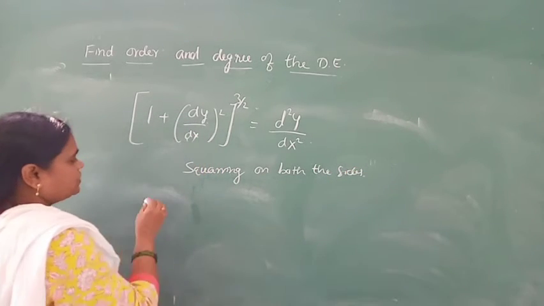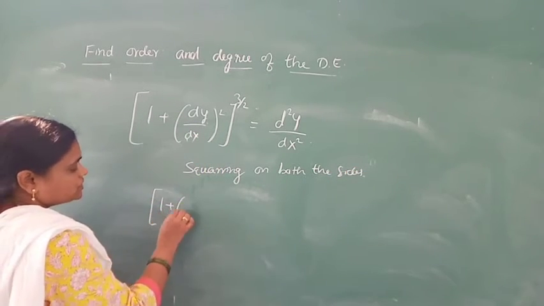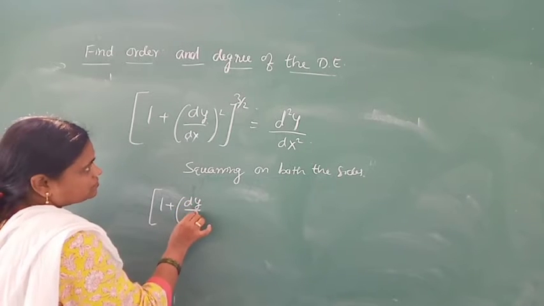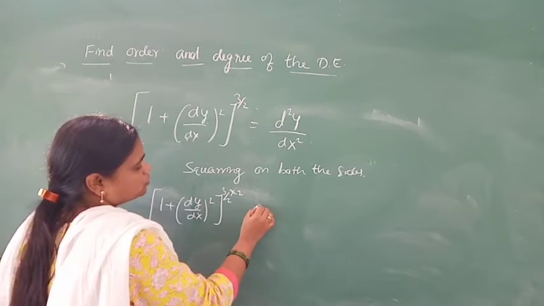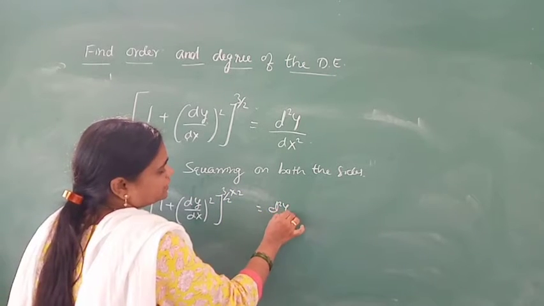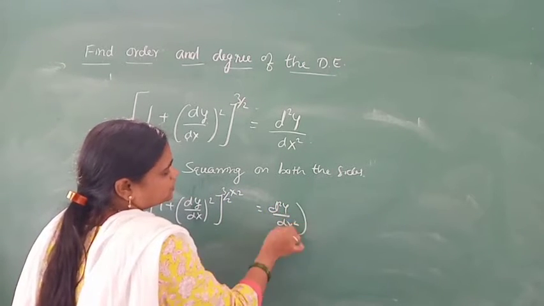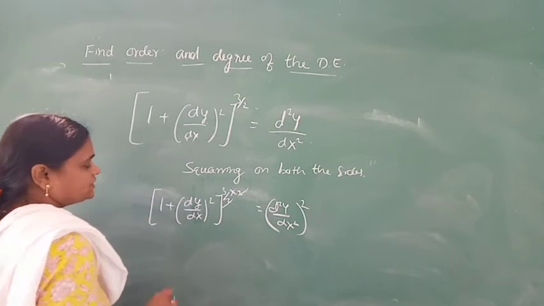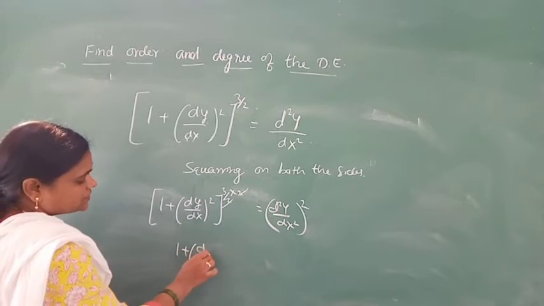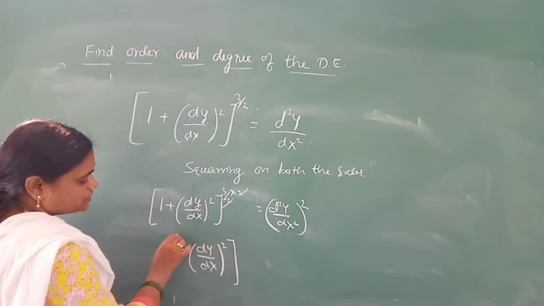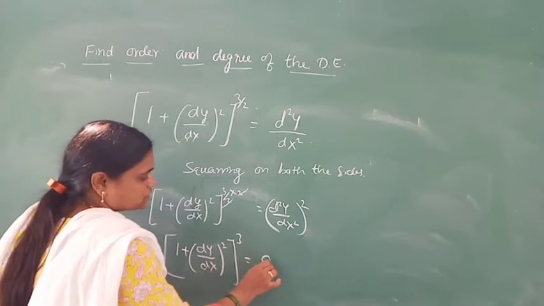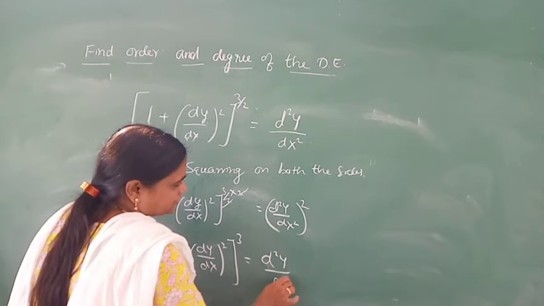We get the square of 1 plus dy by dx the whole square raised to 3 by 2 equal to d2y by dx square raised to 2. 2 will cancel. It is 1 plus dy by dx the whole square, the cube, equal to d2y by dx square.